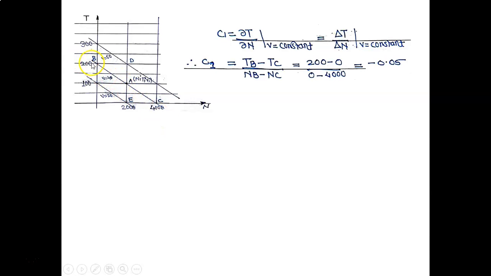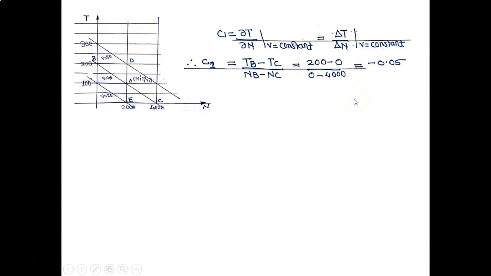Therefore, along this line BC, we will find out delta t and delta n. Therefore, C1 is equal to TB minus TC divided by NB minus NC, which is equal to 200 minus 0 divided by 0 minus 4000, which is equal to minus 0.05.